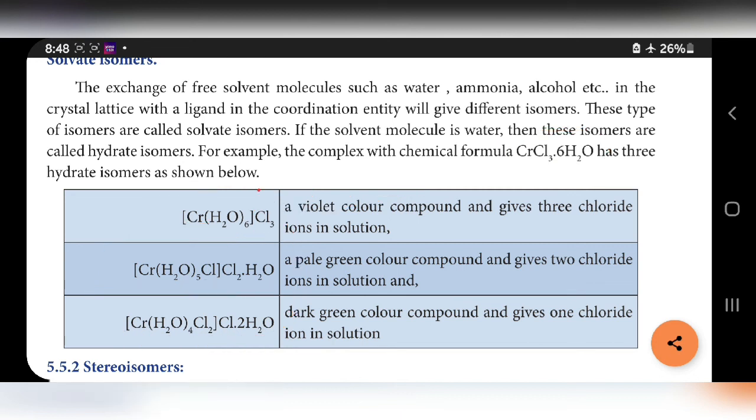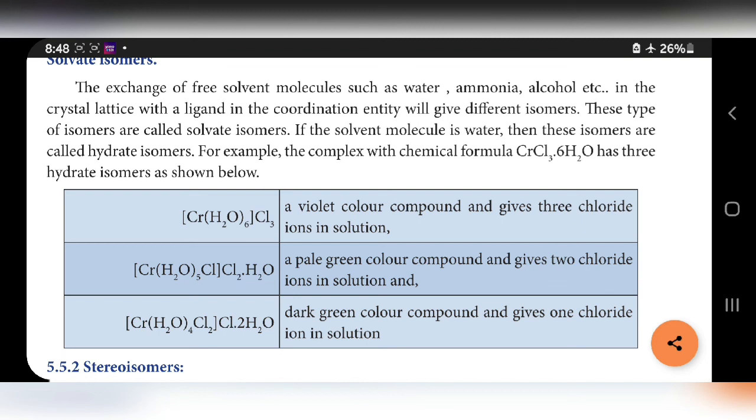If the first compound is ionized, it can produce 3 Cl minus. The second can produce only 2 Cl minus, and the third only 1 Cl minus.